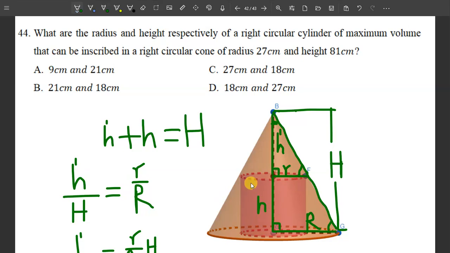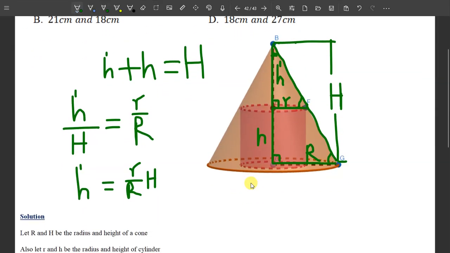To find the critical numbers, now substitute this part in place of h prime, which becomes as follows.